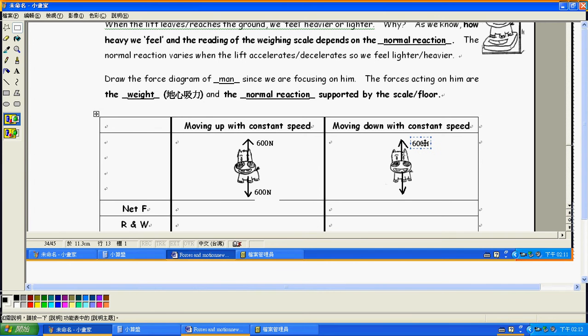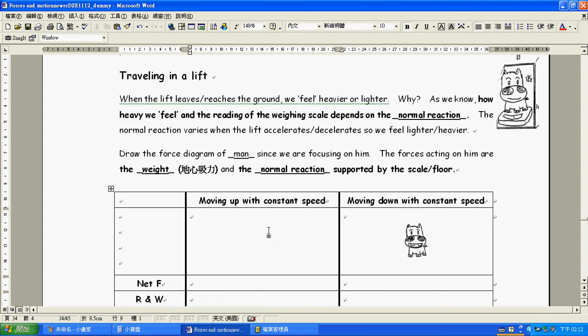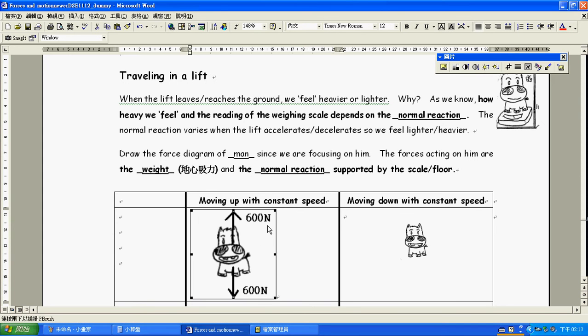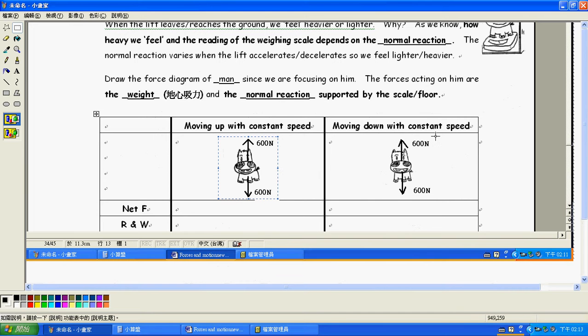The same case applies when it moves down with constant speed. So these are the two free body diagrams, the first one and then the second one.